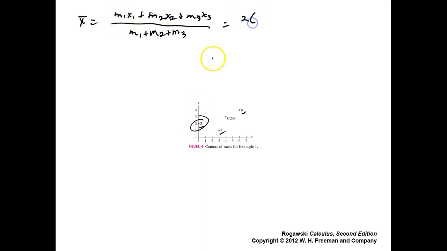And what's the x1 value of that position? 0. So that's 2 times 0. I think I can even handle that one. Plus 4 times 3 plus 8 times 6. Okay, divided by, now you get to add them up.